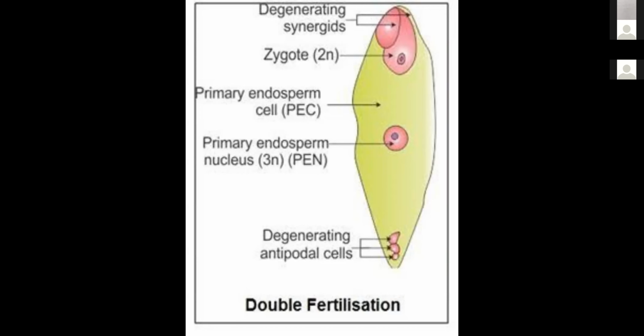I am saying, if anatropous type of ovule is one of the patterns of ovules seen in angiosperm, which type of ovules are seen in gymnosperm with respect to those patterns?